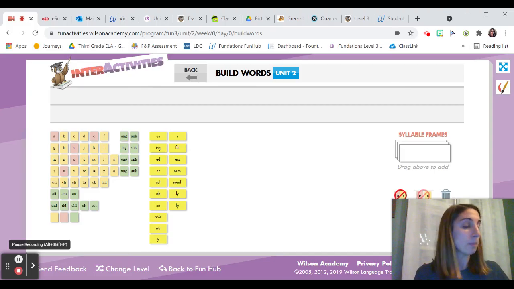So find the W section, and we're going to add wolves first. That's another plural. So find the W's, and here we go. Wolves. Right. And then actually, right below wolves, we're going to add the next plural, which is women.